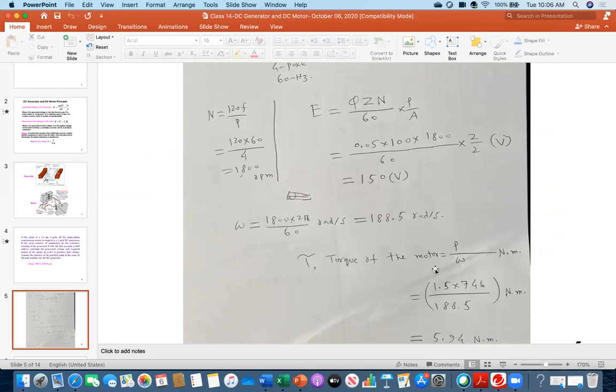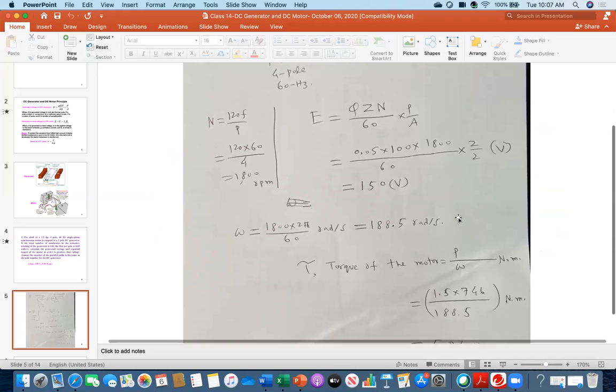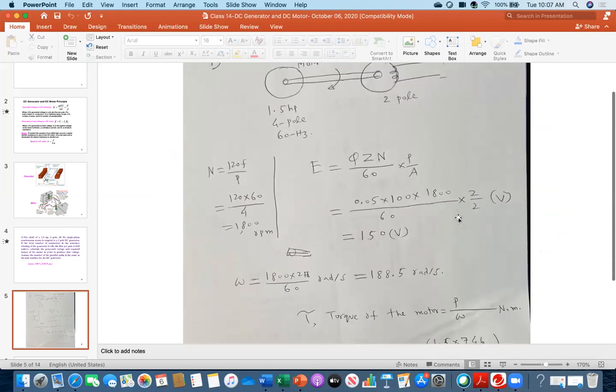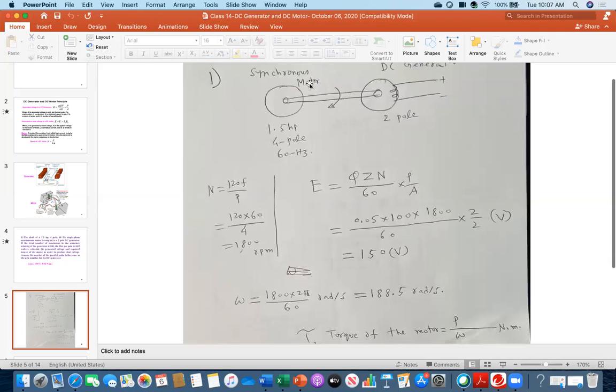Before, we used this equation, power over speed in radian per second. Then the torque unit will be Newton meter. So this power is for the synchronous motor. Therefore, power is 150 horsepower.